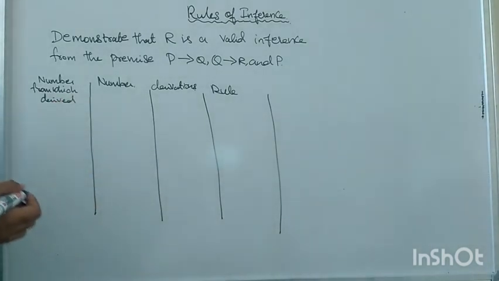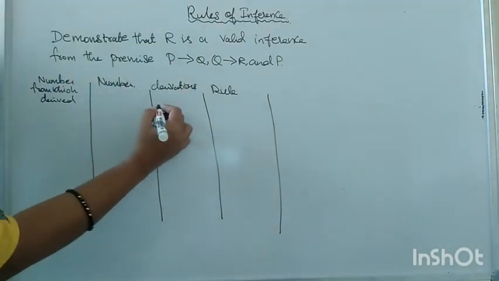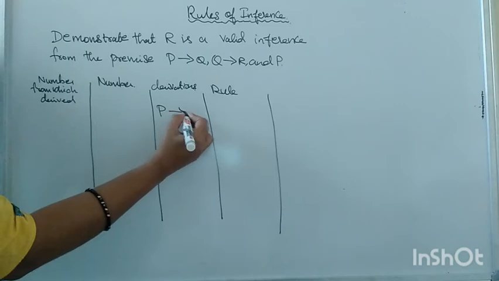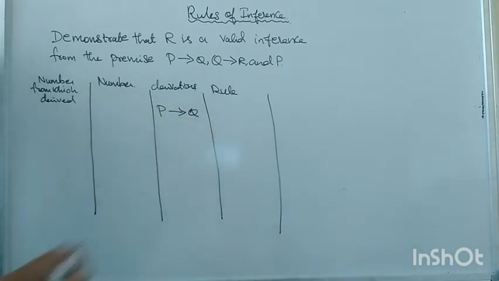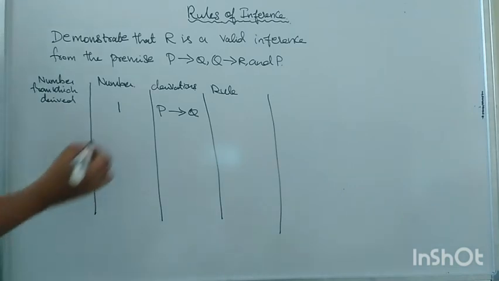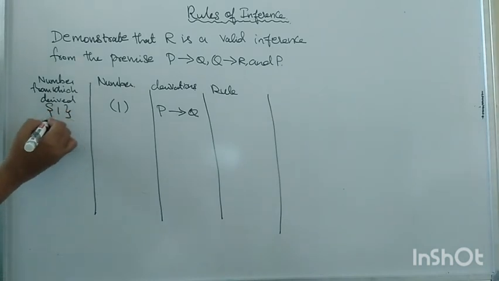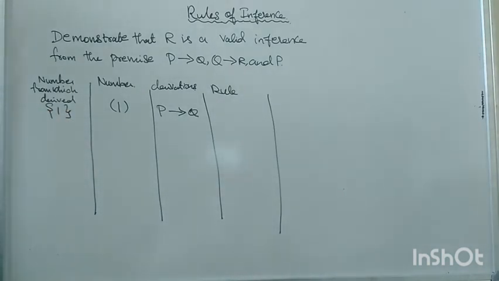So first, I am taking the premise if P then Q. I am naming it as number 1, which must be enclosed within parentheses, so I am writing it within curly braces.